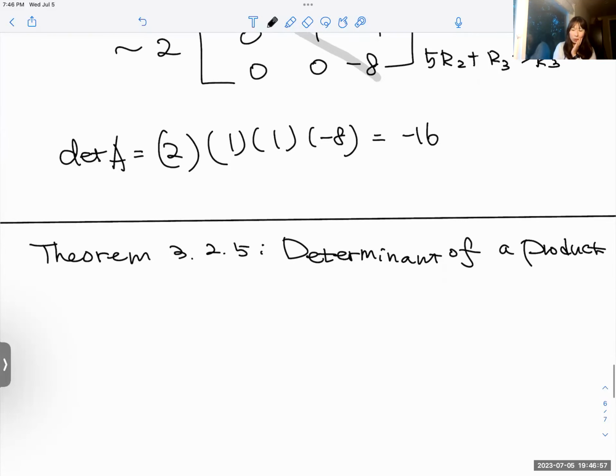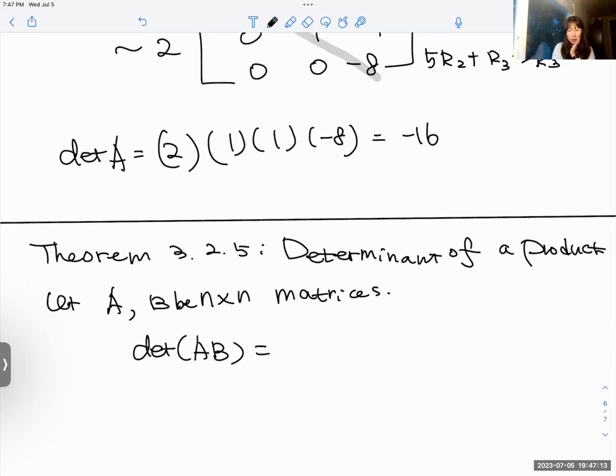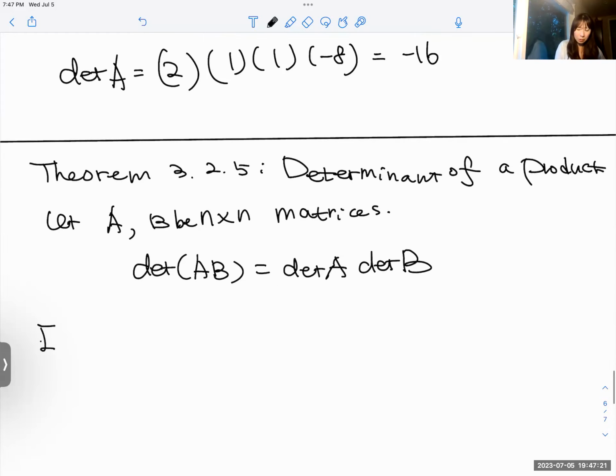Let A and B be n by n matrices. Then the determinant of AB is the same as the determinant of A times the determinant of B. Okay, so let us do an example. We will compare whether they are the same.